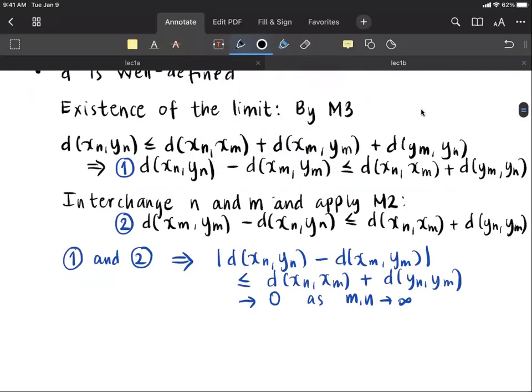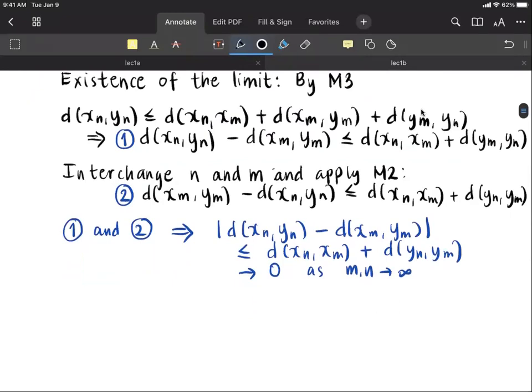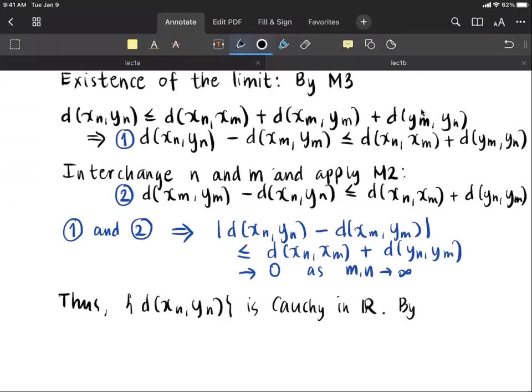What is the significance of this? This implies that the sequence of distances is Cauchy in R. Therefore, by completeness of R, the limit as n goes to infinity of this Cauchy sequence exists.